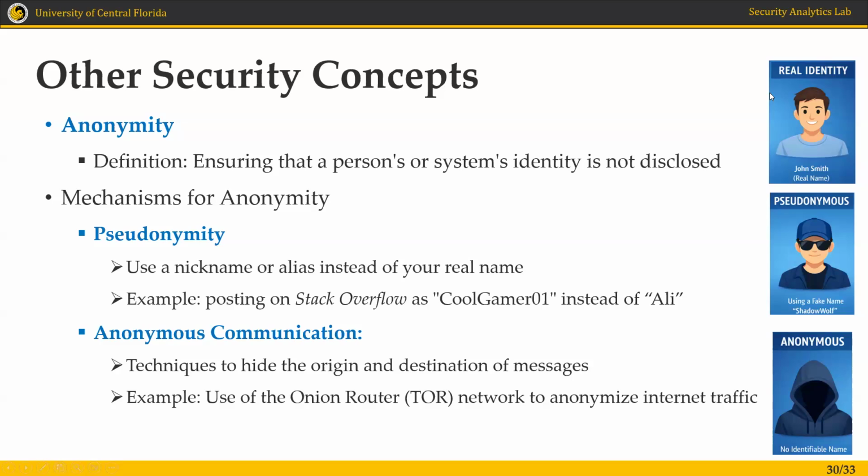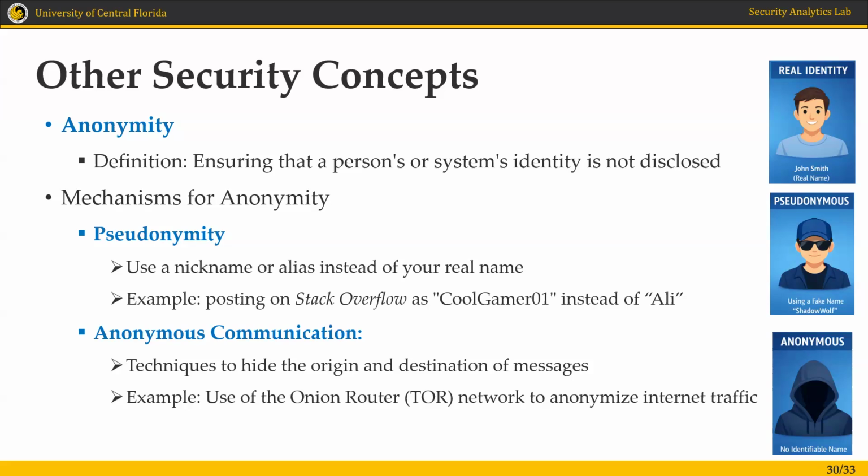Here we have another concept, anonymity, which is to ensure that a person's or a system's identity is not disclosed. And I think you have used that a lot, maybe on Discord or Stack Overflow, any public websites.